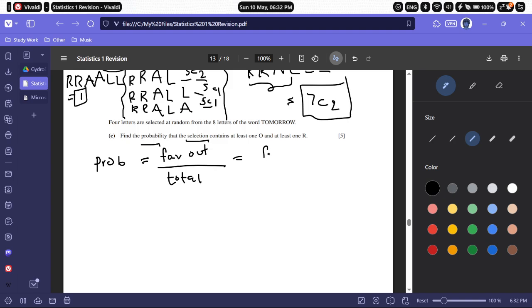So it's basically favorable combinations divided by total combinations. You can also think of probability as that.